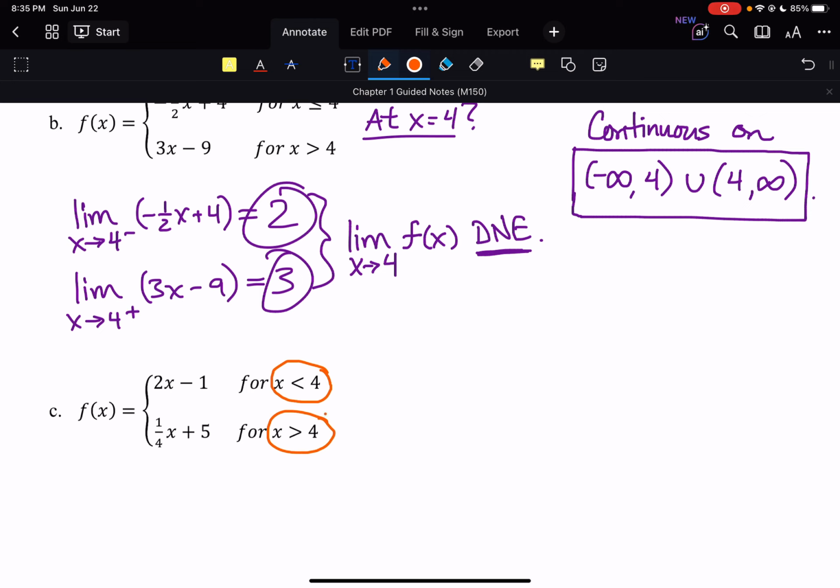But notice there is no equal to here. There is no value stated for the function when x is equal to 4, which means that it doesn't even really matter where the function is headed as we go to 4. The limit from both sides doesn't really matter because we already know f of 4 does not exist in this case.